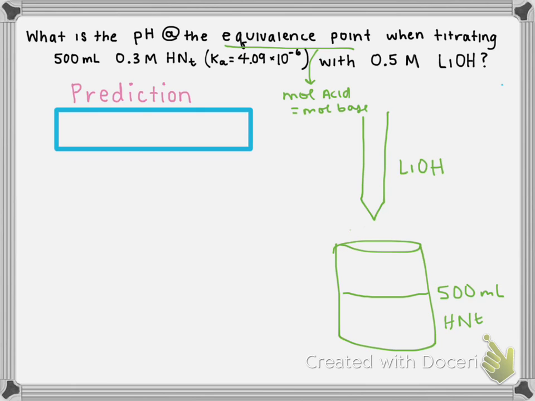So our pH at the equivalence point is going to end up being greater than 7. Also, you can kind of think if I have something strong and I have something weak, the strong thing is going to determine what my pH is at the equivalence point. And so since we have a strong base, our pH is going to be a little basic at the equivalence point.